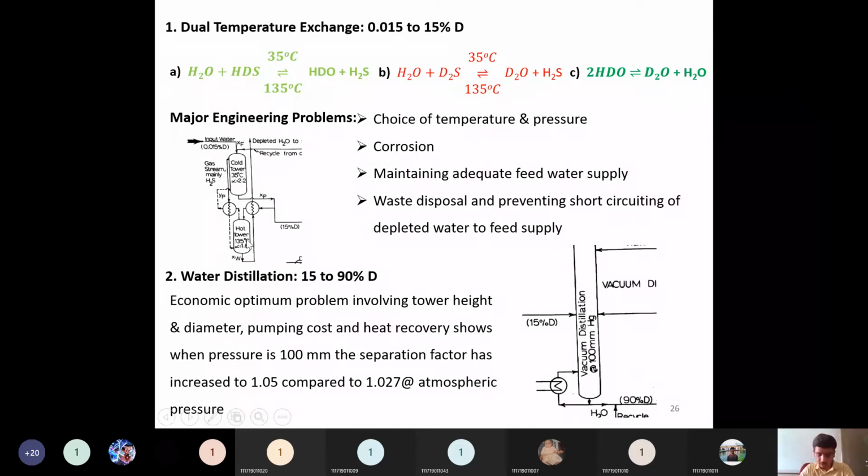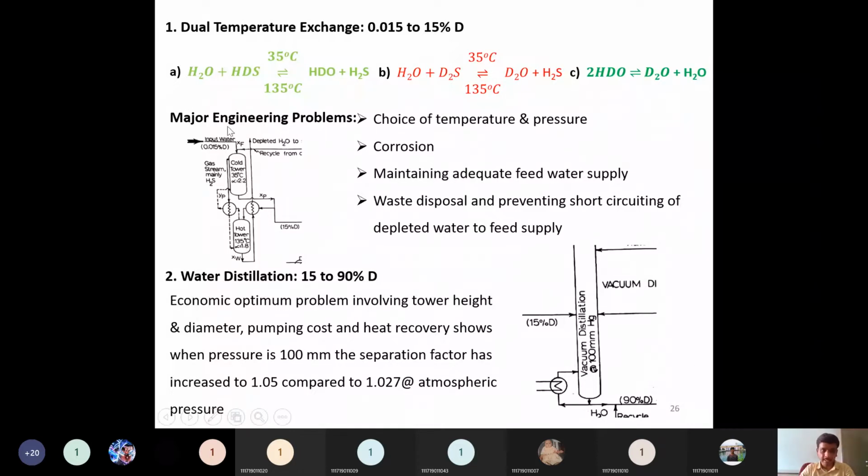If the hot tower temperature is more than 135 or 140 degrees centigrade, the gain from the increase in temperature is offset by the rapid increase in the concentration of water vapor in the gas stream. So whatever we have gained by operating at 135 degrees centigrade will be lost, so there will be some loss when you operate this tower at more than 135 degrees centigrade.